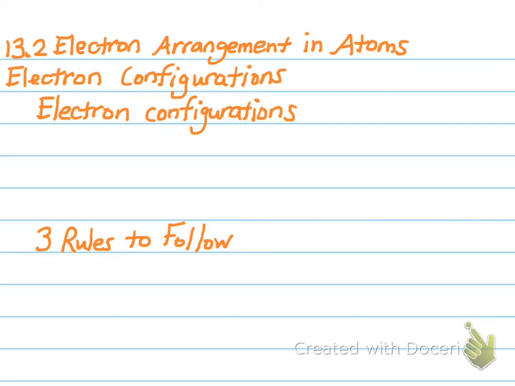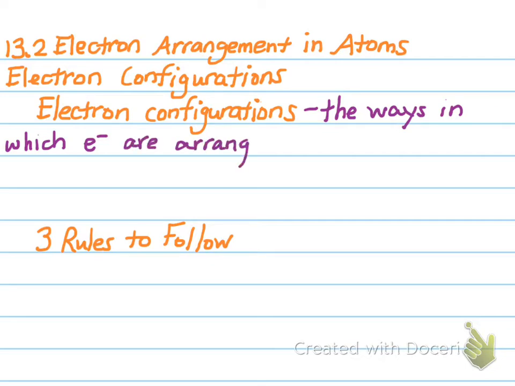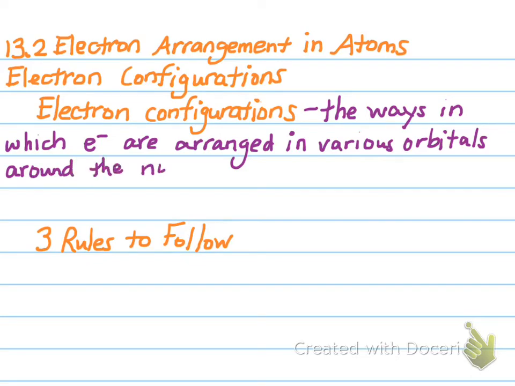The definition of electron configurations: electron configurations is defined as the ways in which electrons are arranged in various orbitals around the nuclei of atoms.